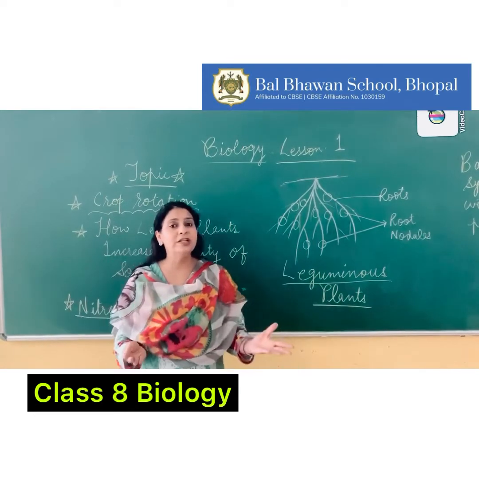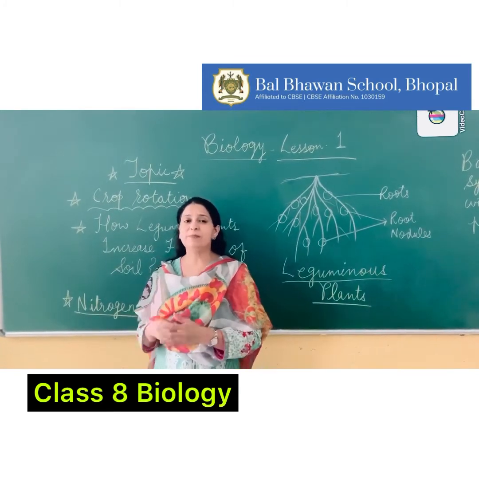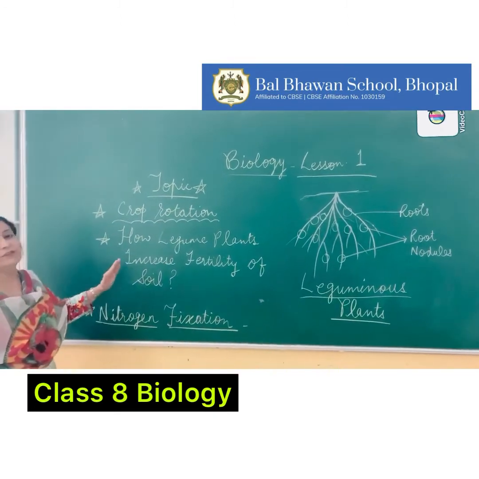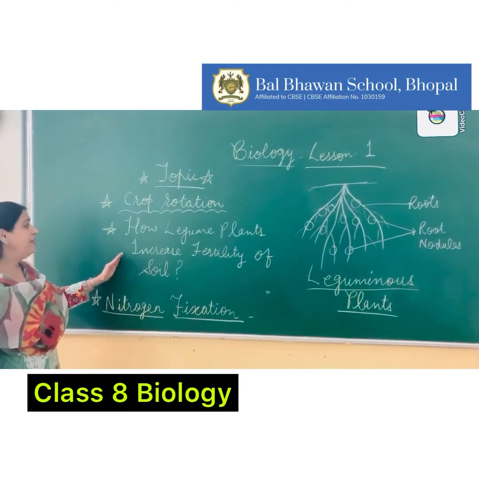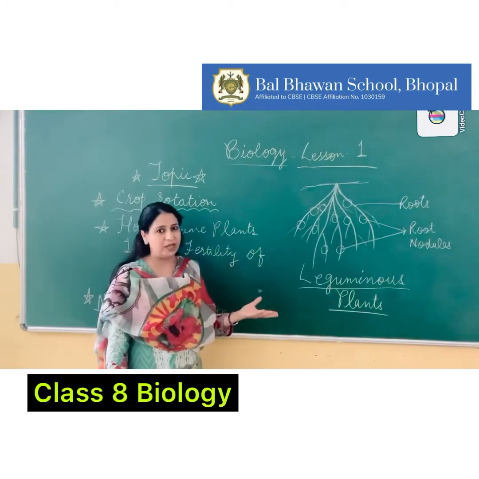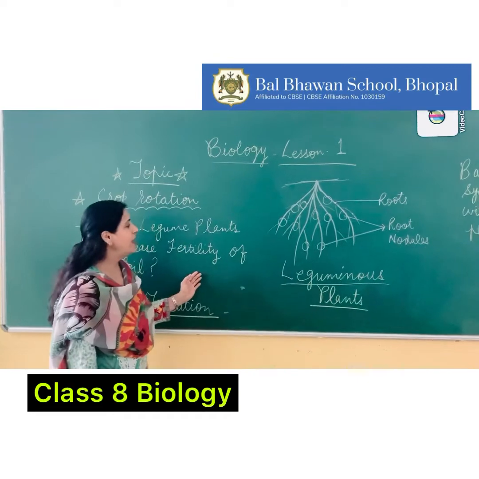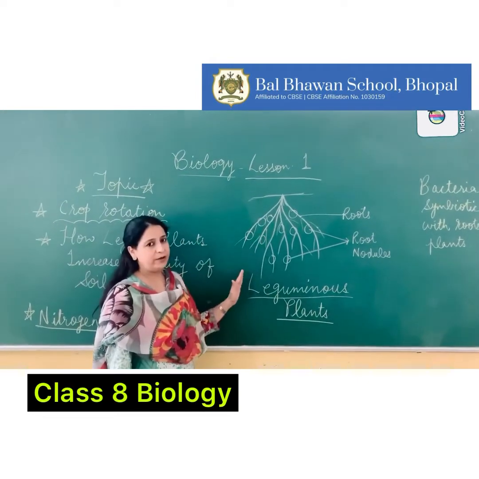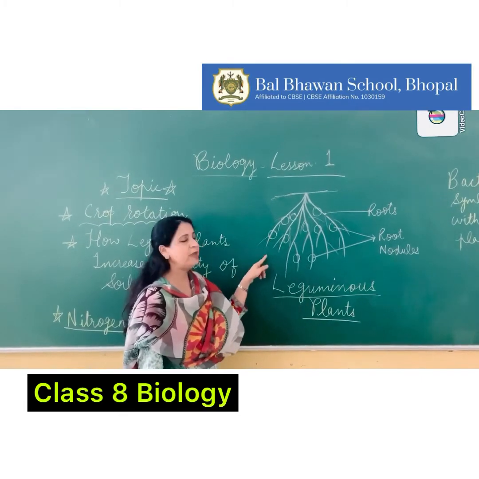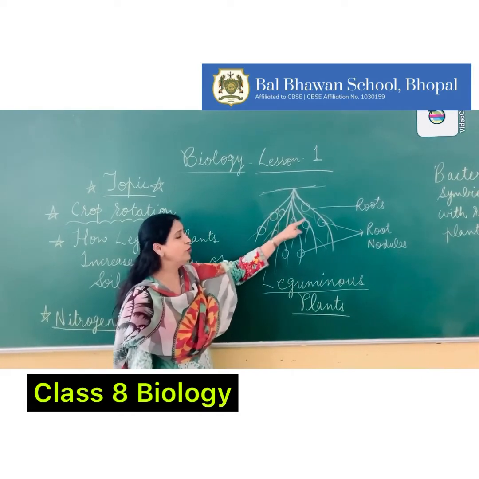Now how do the leguminous crops help in the replenishment of nitrogen content? They help in the increase of the fertility of the soil. The leguminous plants, for example, pea. Pea is a leguminous crop. See the diagram here. In this diagram, the root of the pea plant has some nodules in it.